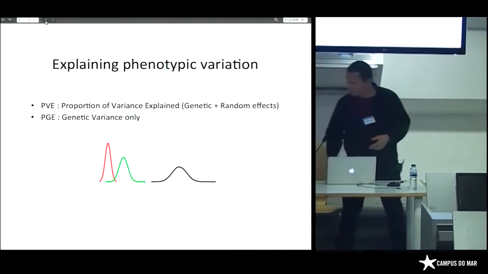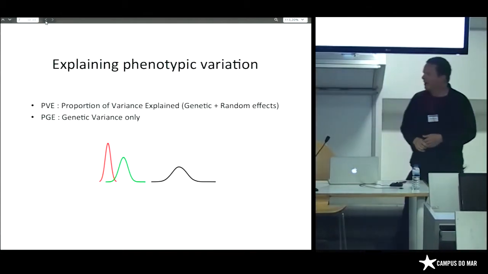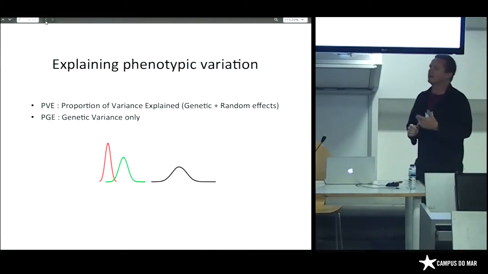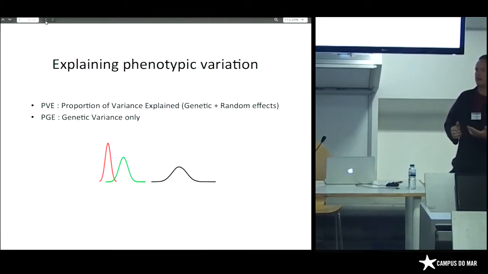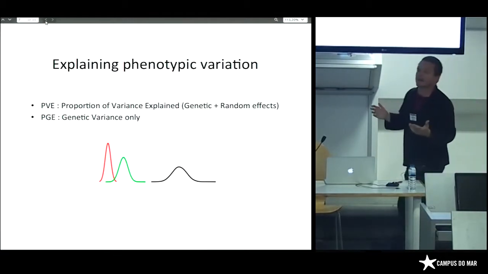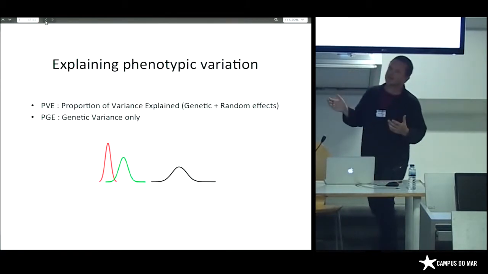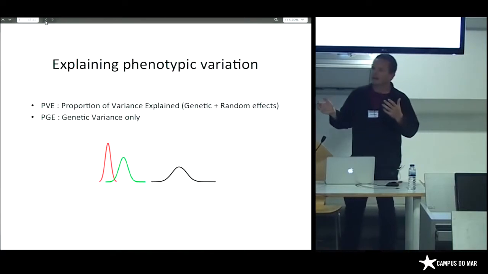What we want to do is try and explain the amount of the variance in a phenotype that is explained by the SNPs that have an effect and any other random effects, which is all those other SNPs that have no effect. And we want to explain the amount that is just associated with those SNPs of large effect.